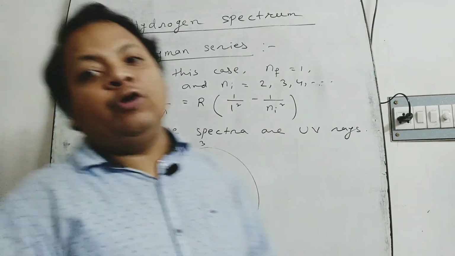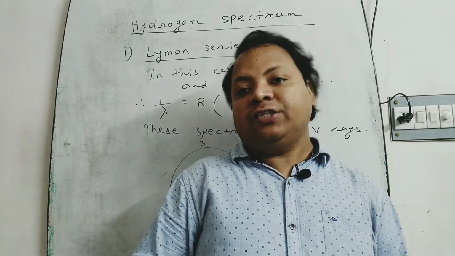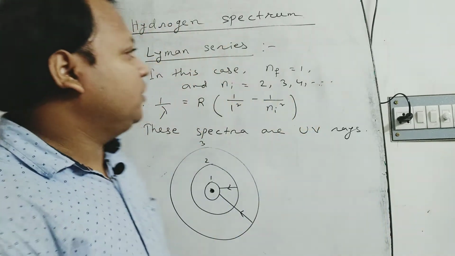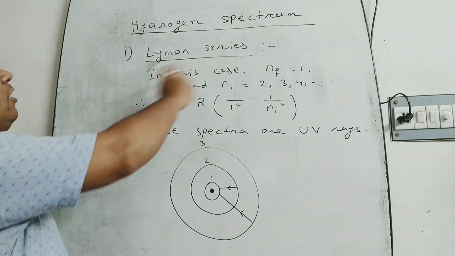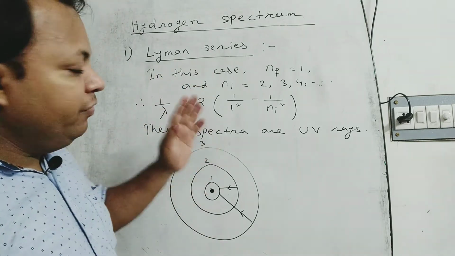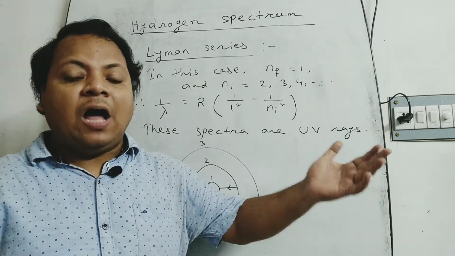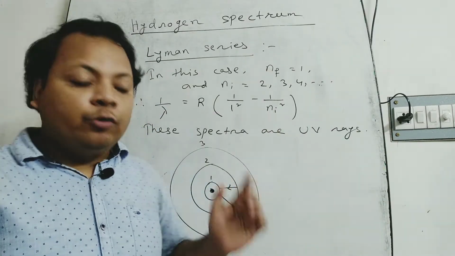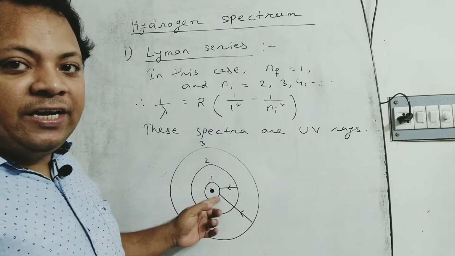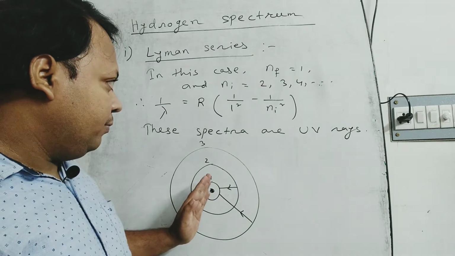Now I am going to discuss the production of hydrogen spectrum. First, Lyman series. In this case, the orbital electron jumps from a higher orbit to the first energy shell, that is, into the first orbit.